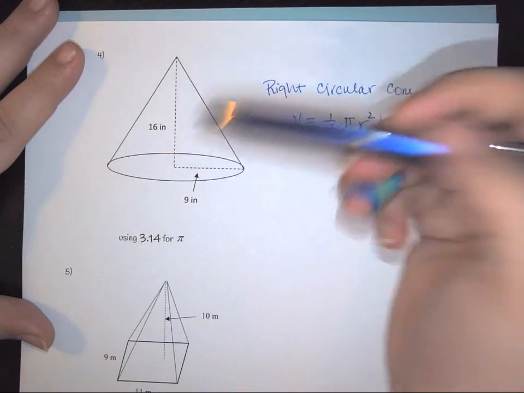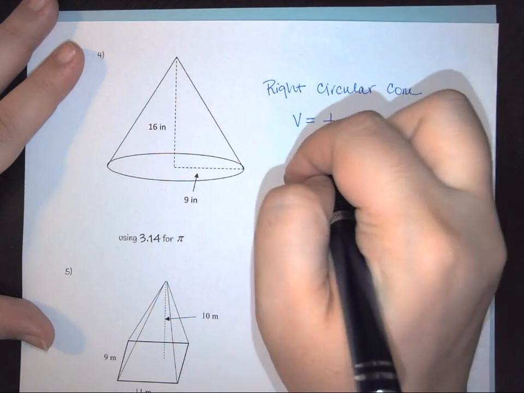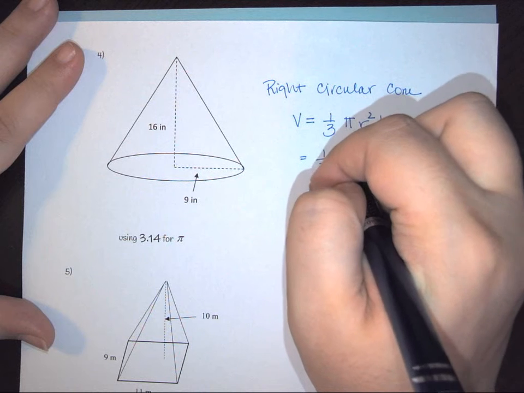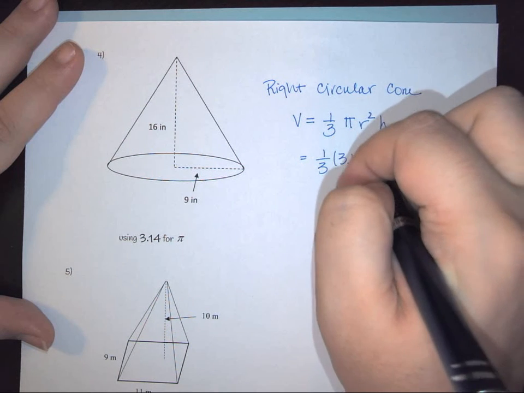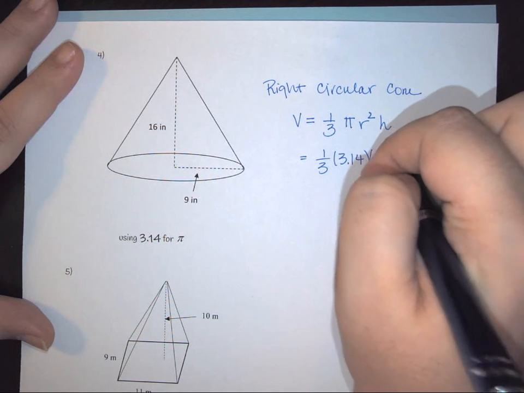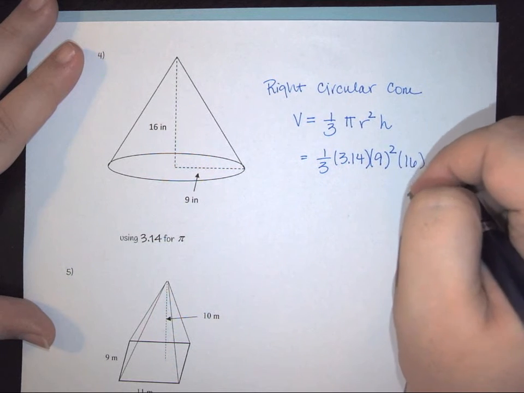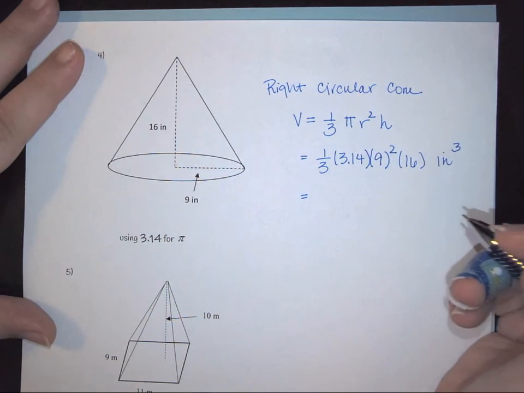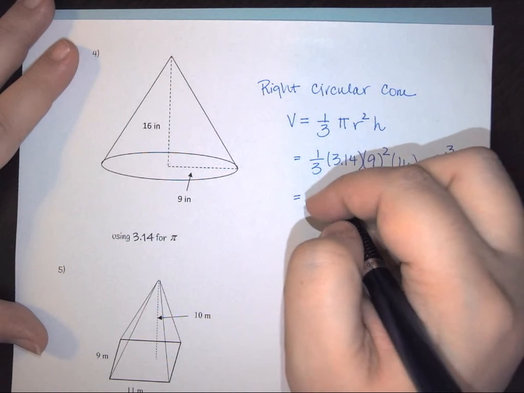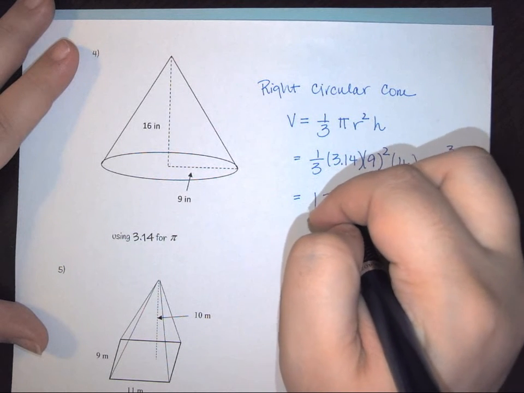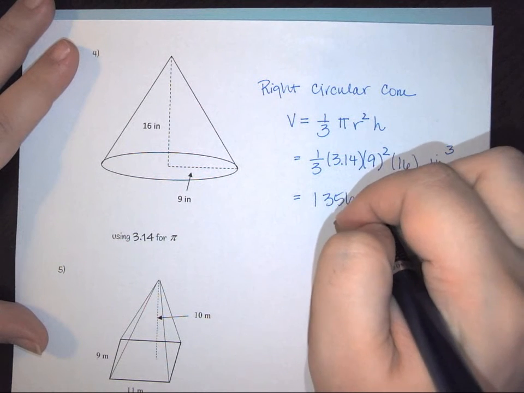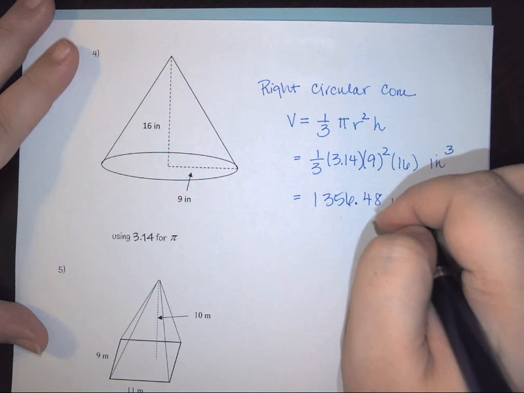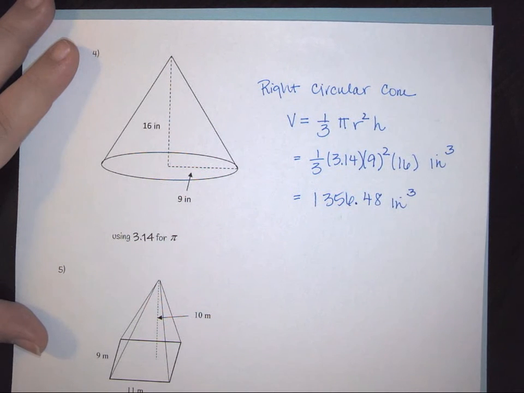I've given you a height of 16, so here we're going to have 1/3 times 3.14 times 9 squared times 16, and this is going to give me inches cubed. So once you multiply all of that out, you're going to come up with 1,356.48 inches cubed.